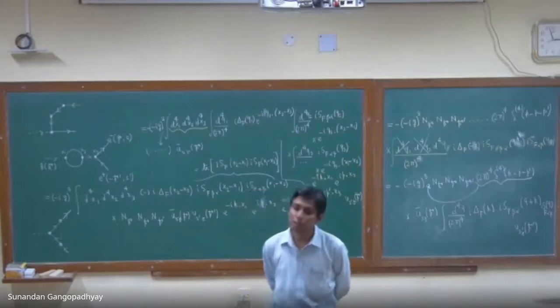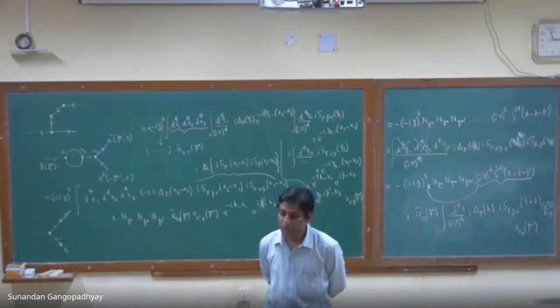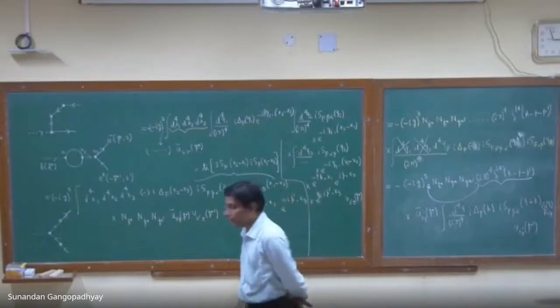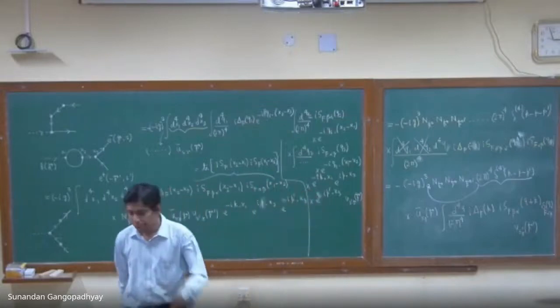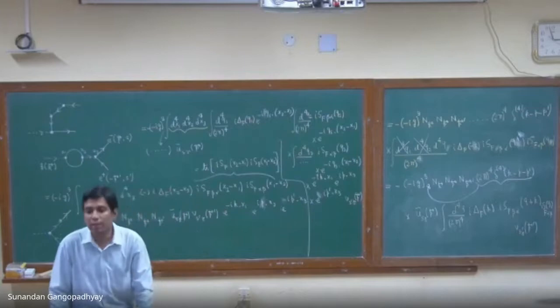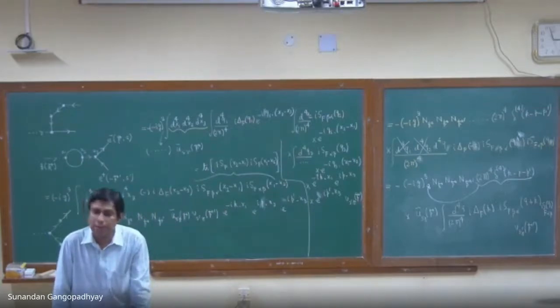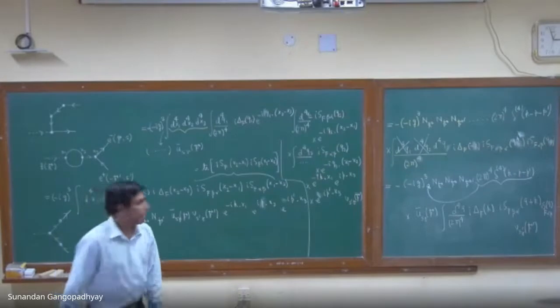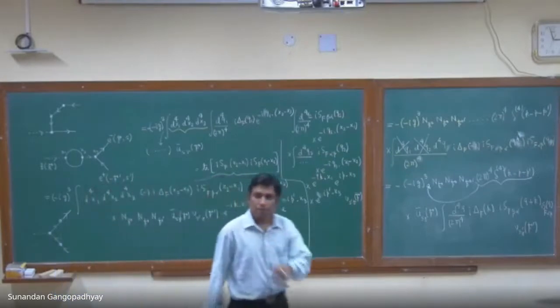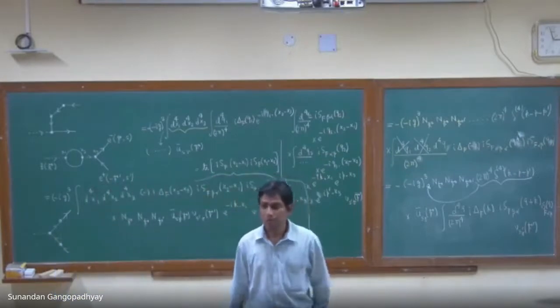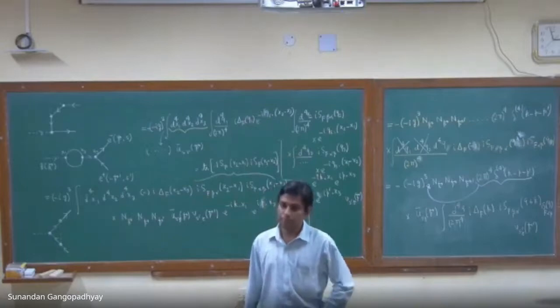Can you show whether you can calculate the potential? You can do that, but for that you have to look at scattering. In fact, from the propagator itself, you can calculate. It is very simple. It is not difficult at all. You'll be able to show that you get that e to the power of minus m r by r. So you will get that form. That you can do.